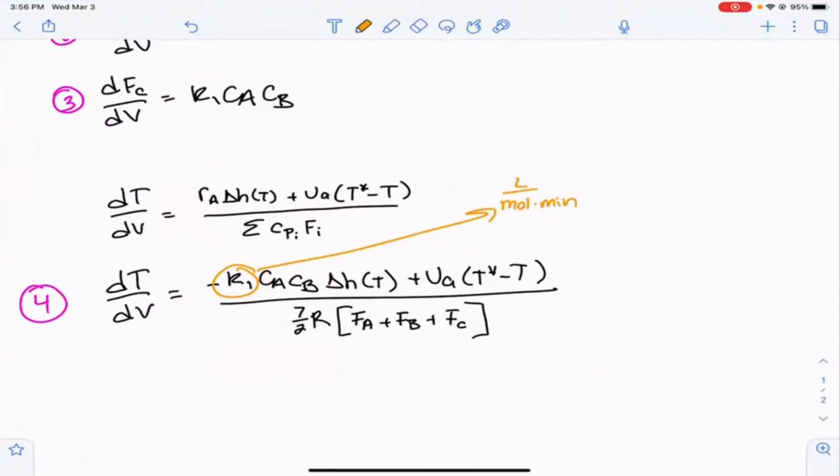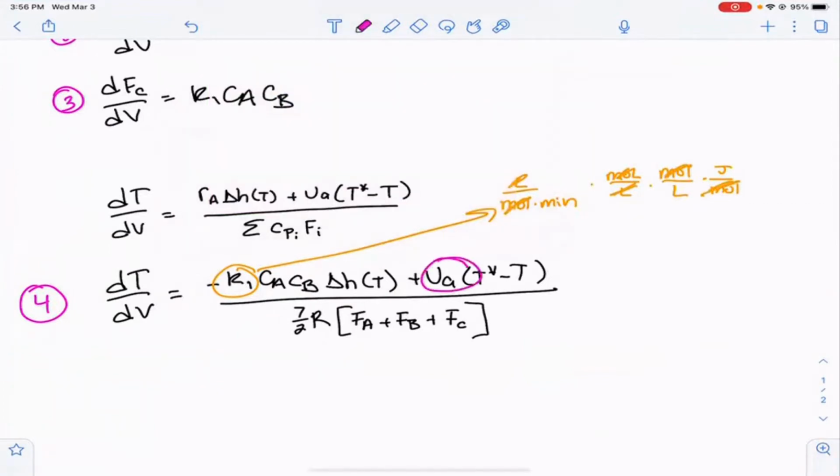And the concentrations here are going to be moles per liter, and then times joules per mole for delta H of reaction. So if we look at this, moles cancel here, and we end up with joules per liter minute. So that's one unit that we have here.